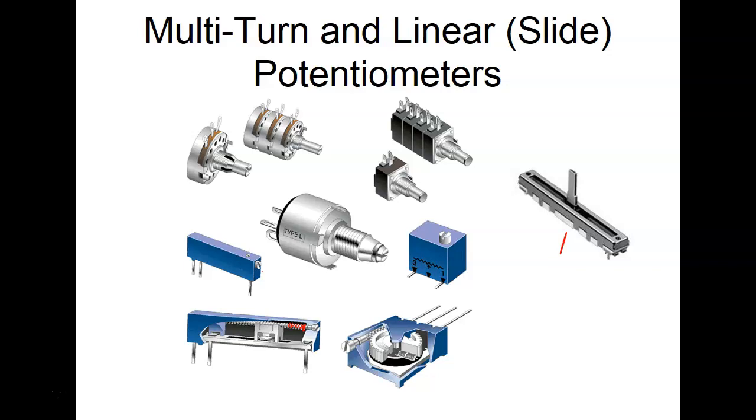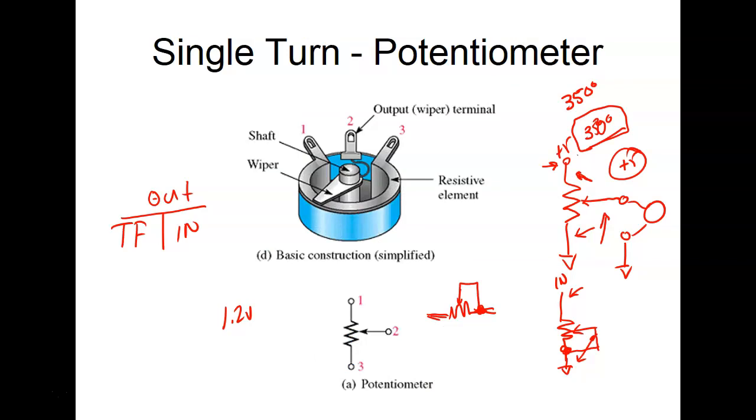And these are more precise, right? Multi-turn pots are more precise. Well, it wouldn't be called a single-turn pot, it'd be called a 5-turn pot. What we're going to be doing, they called it a single-turn pot, but you can't get a whole turn out of it.